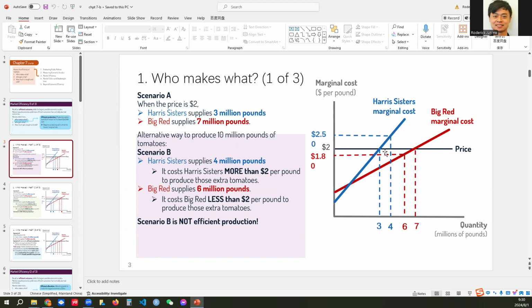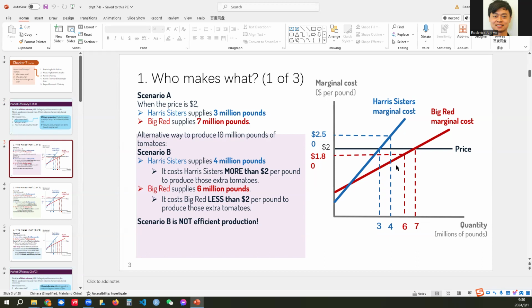So the consequences for the level of production between 3 millions of pounds and 4 millions of pounds, each additional pound that they produce, this firm is losing money because the cost is higher than the revenue, right? The revenue is not enough to cover its cost.